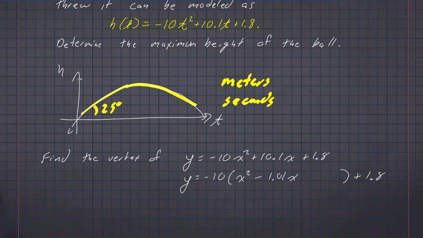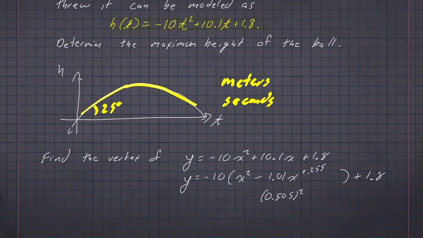Half of that is 0.505. And if we square 0.505, well, my handy calculator tells me that that's 0.255025. I'll round it to 0.255.